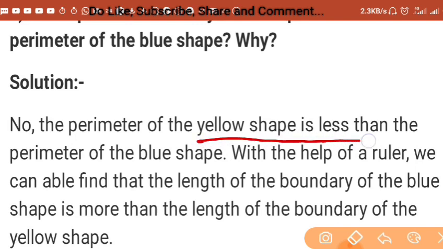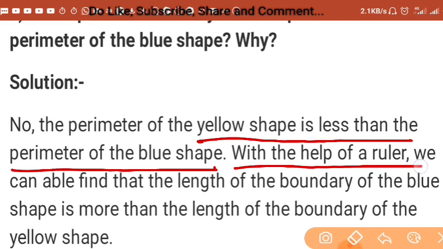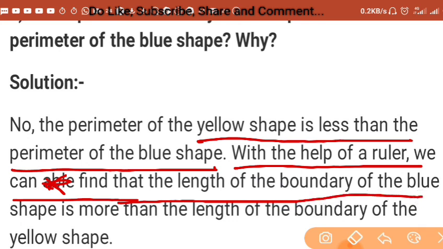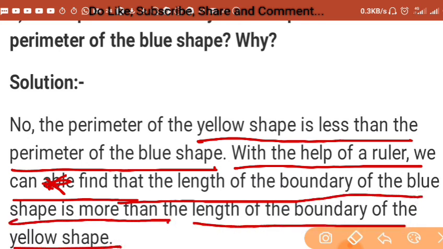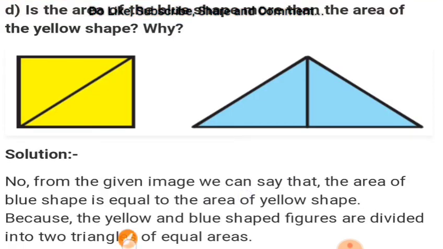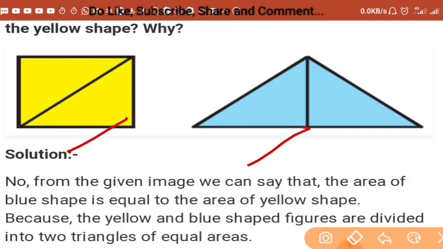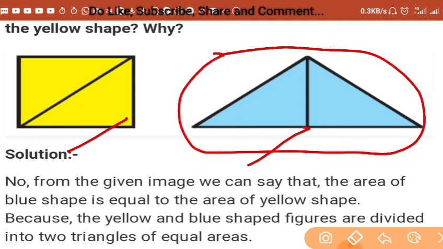The perimeter of the yellow shape is smaller than the perimeter of the blue shape. With the help of a ruler, we can find that the length of the boundary of the blue shape is more than the length of the boundary of the yellow shape. So you can calculate it. Please check it, measure the perimeter of both, then you will find that the perimeter of this blue shape is more than that of this yellow shape, but the area is the same.